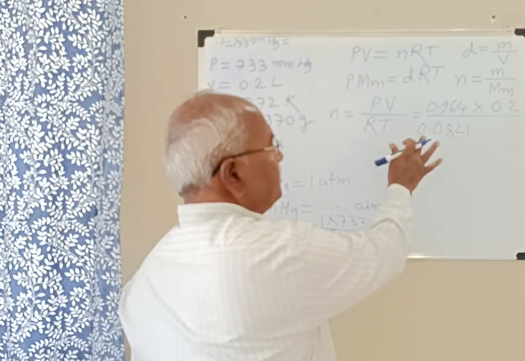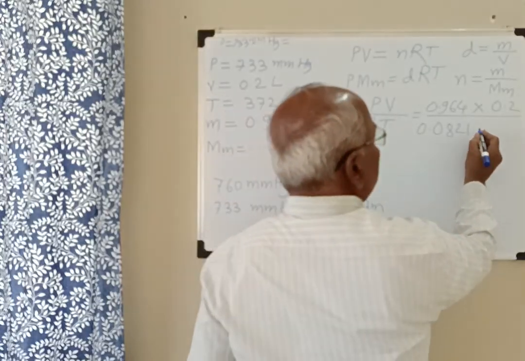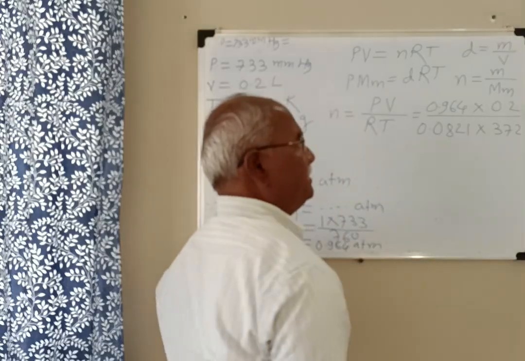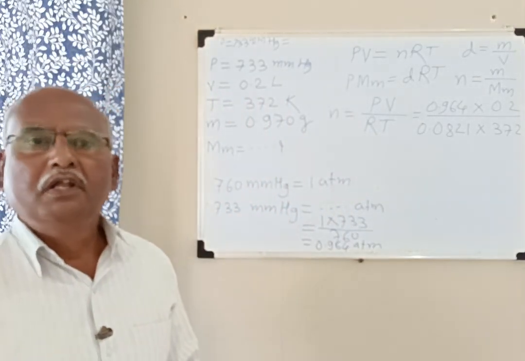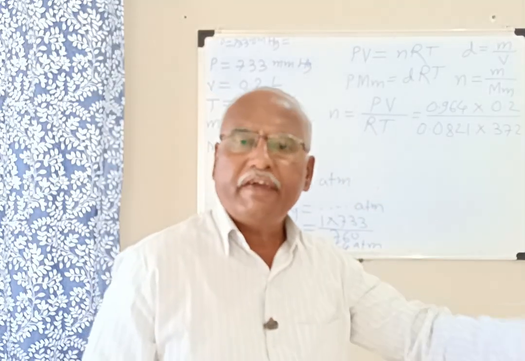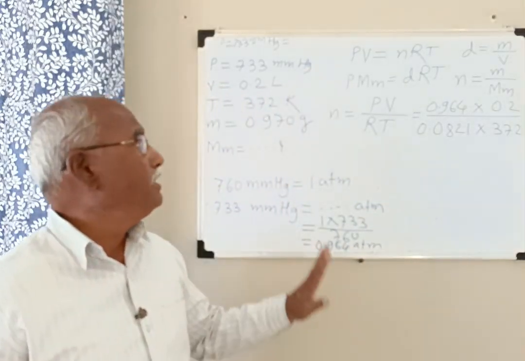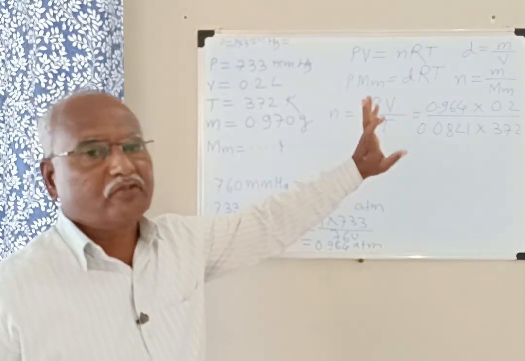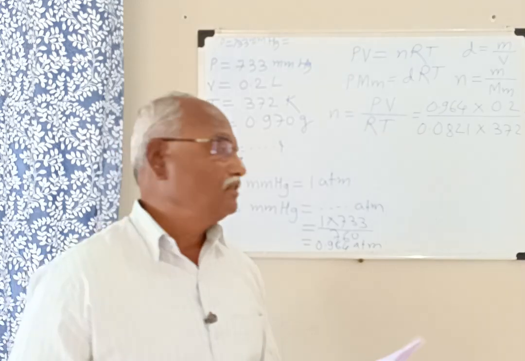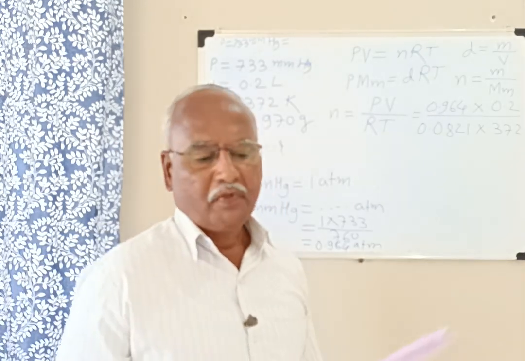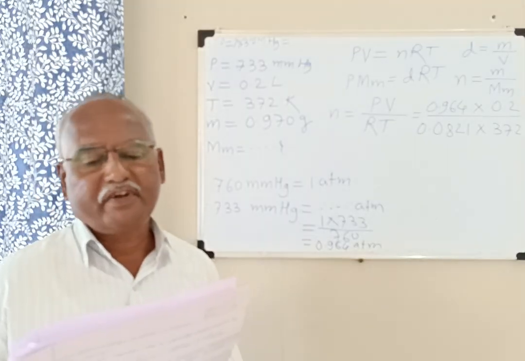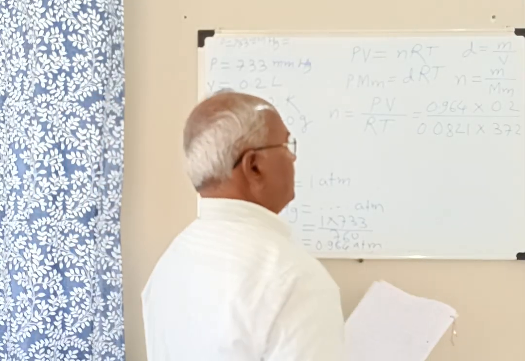I write this value into temperature, 372 Kelvin. Before making calculations, check that the values which we have substituted are correct or not. If there is a mistake, the answer will definitely be wrong. I check the values. It is correct.